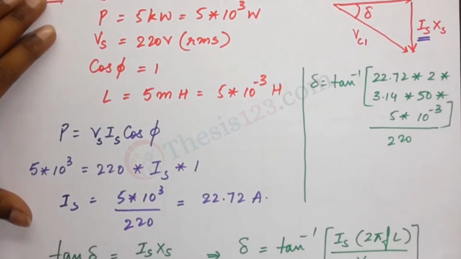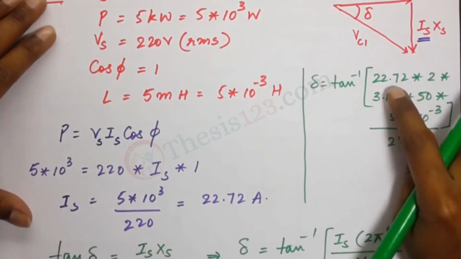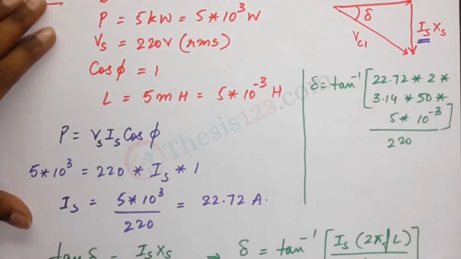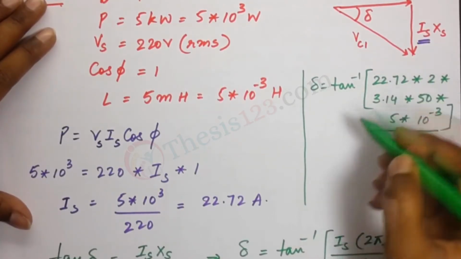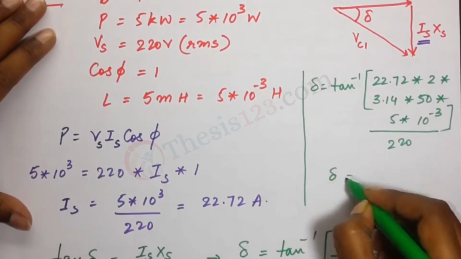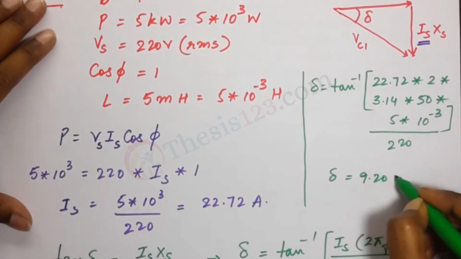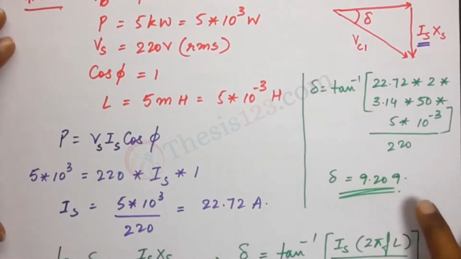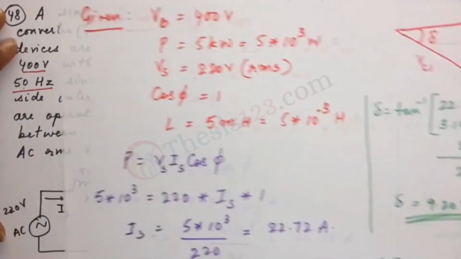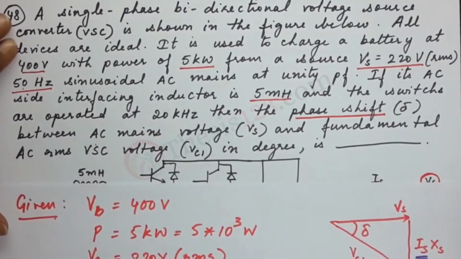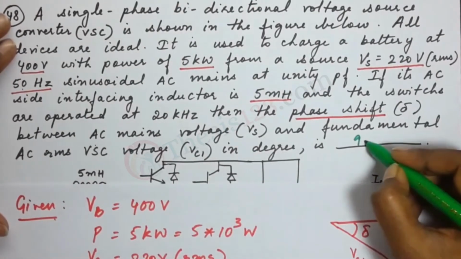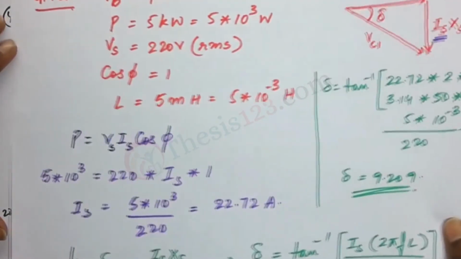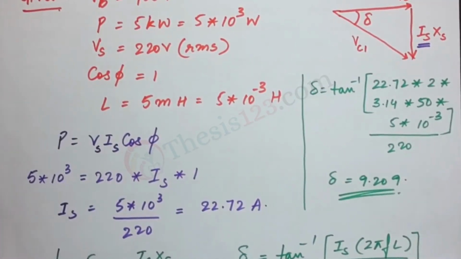I hope that's all right. You follow, right? So it's Is into 2 pi FL divided by 220. So the tan inverse of this entire thing will give us a delta value of 9.209 degrees. So this is the final answer. Since this is not a multiple choice question, the final value would be 9.209. Well, I hope this has helped.